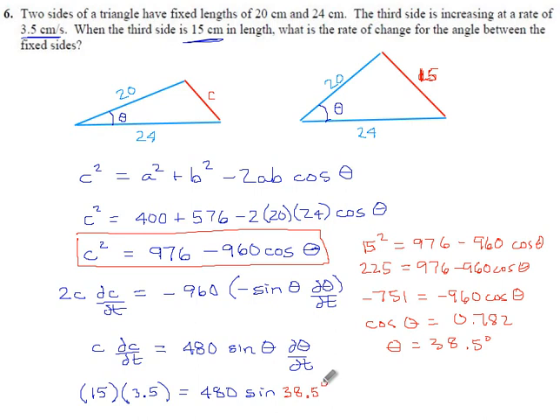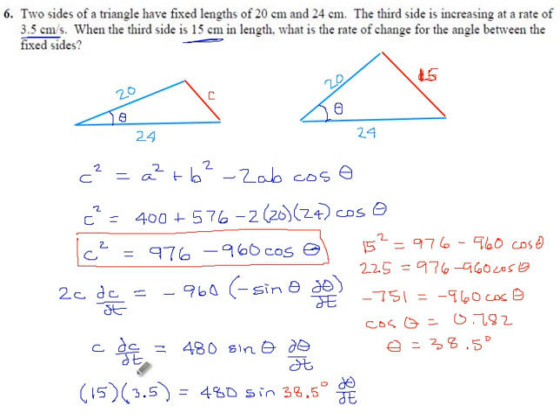That side calculation was almost as much work as all the rest of the problem, which I'm afraid is not too unusual. But, oh well, we got through it. And d theta dt is the thing we're trying to solve for. So, to get d theta dt, we do 15 times 3.5, and we divide that by 480.